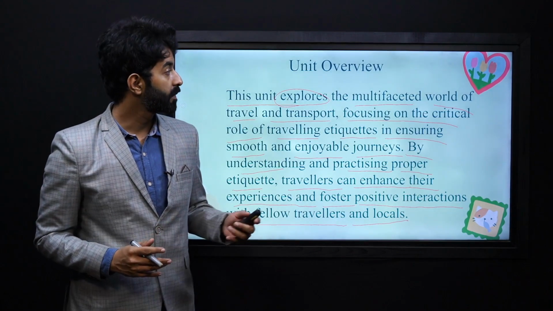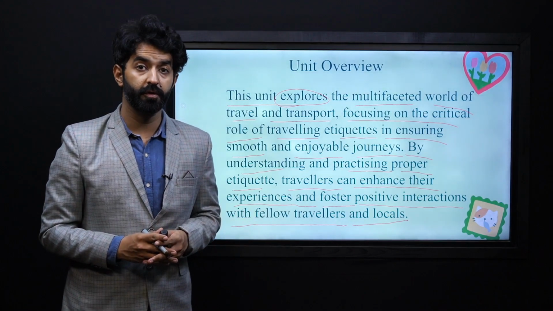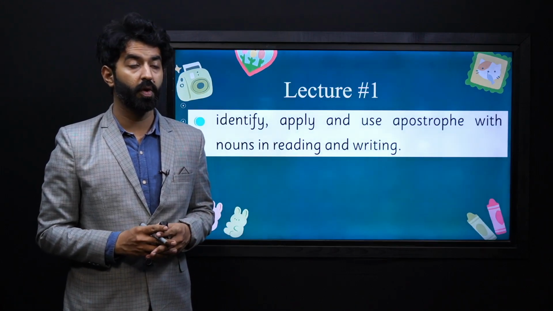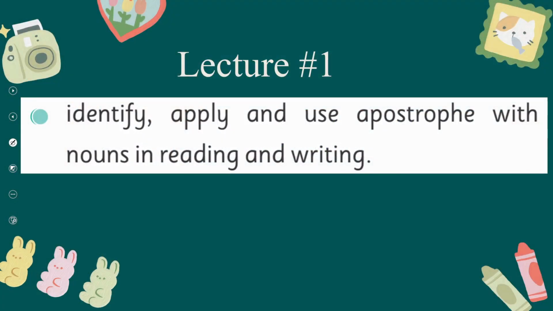And now, after this quick overview, let's talk about our lecture number 1, which is on the SLO of identify, apply and use apostrophe with nouns in reading and writing. This is our grammar's SLO.